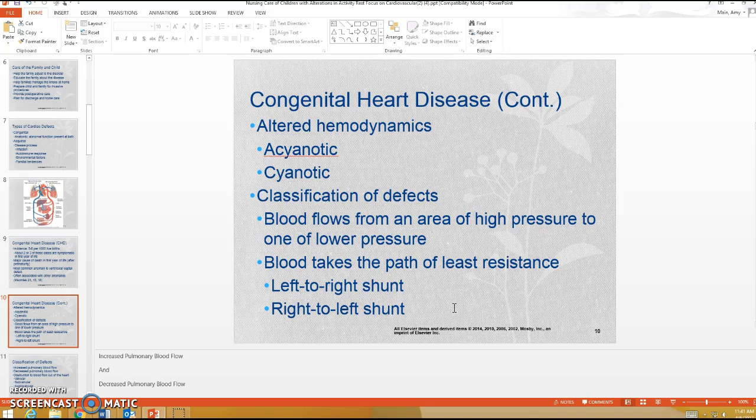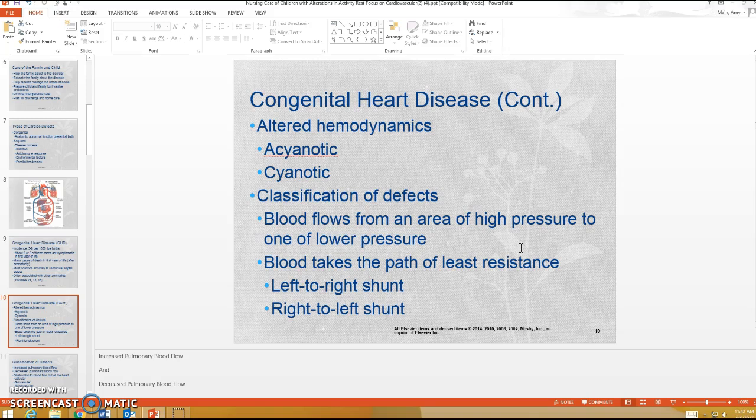So when you have congenital heart disease, it alters your hemodynamics, your blood concentration. So you either have an acyanotic result, meaning the absence of duskiness, so you have enough oxygen, or you have a cyanotic result, which means the body is not getting enough oxygen. To classify these defects, know that blood typically flows from a higher pressure to a lower pressure.